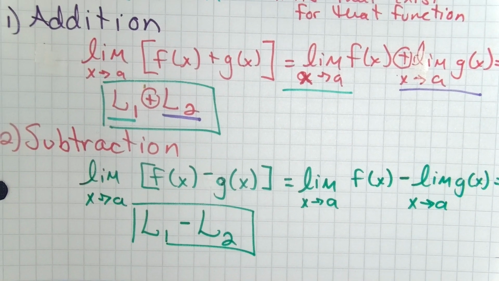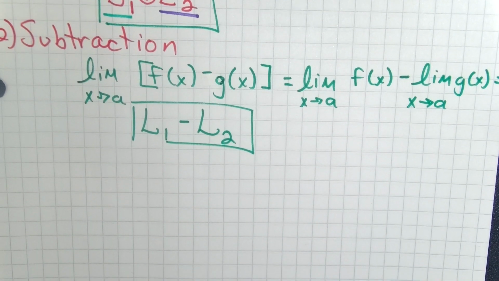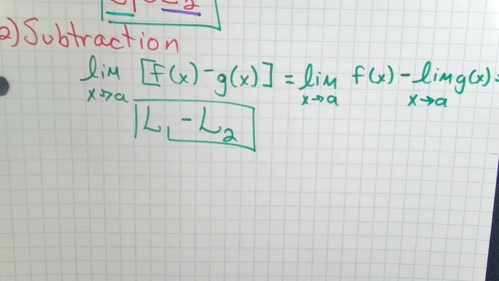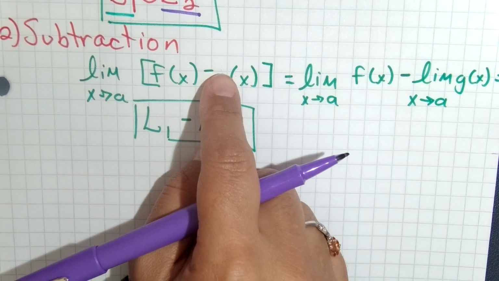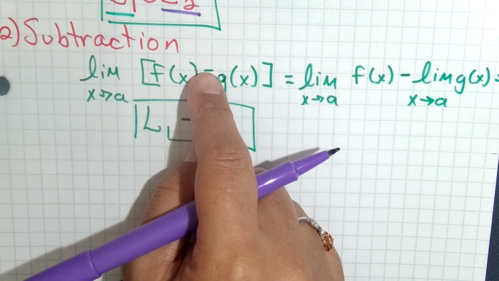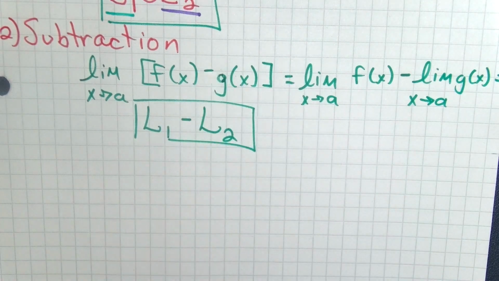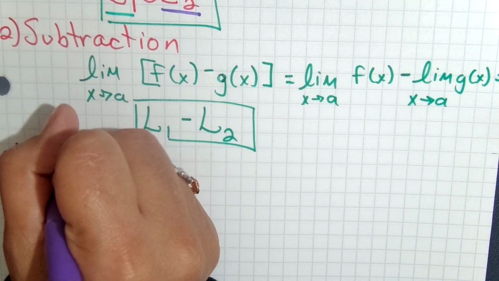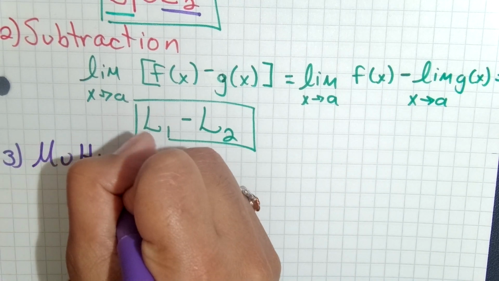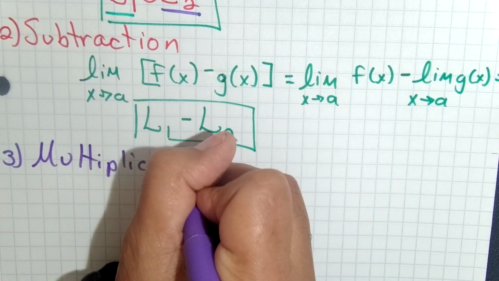Okay. What do we think the next rule is? Either one. Multiplication or division. So now, instead of there being a subtraction sign between them, what's going to be between them? Multiplication.